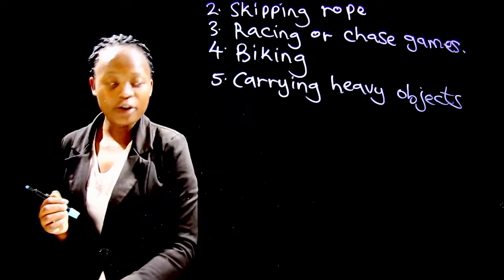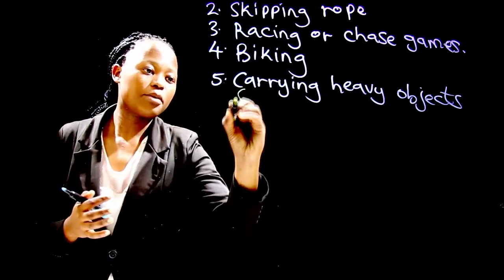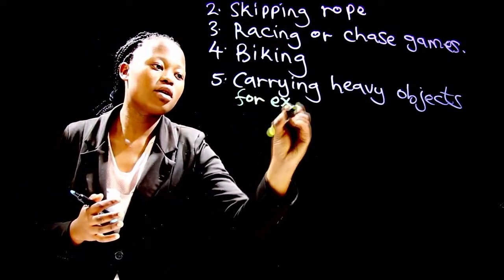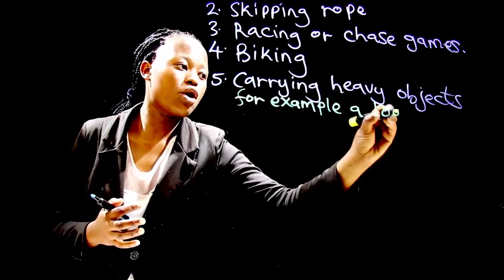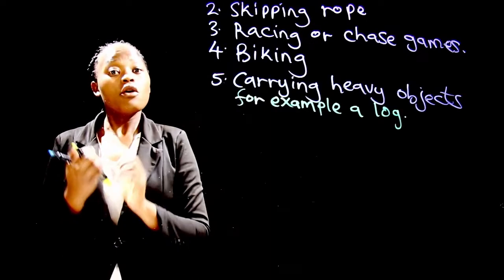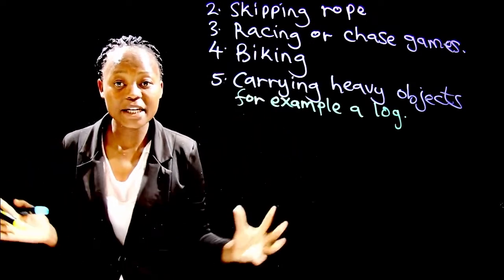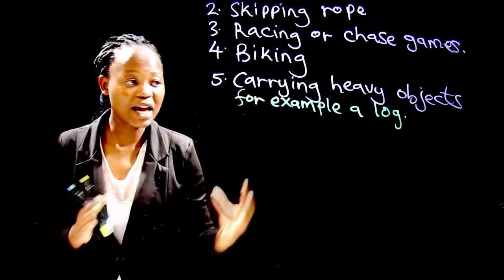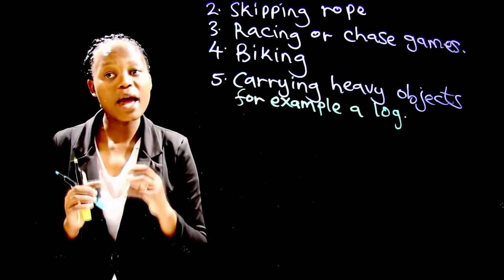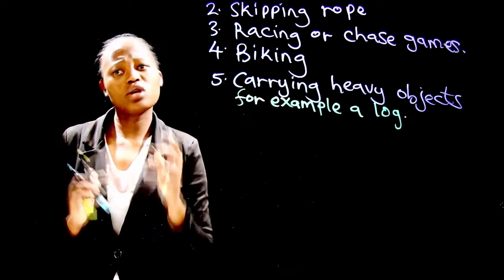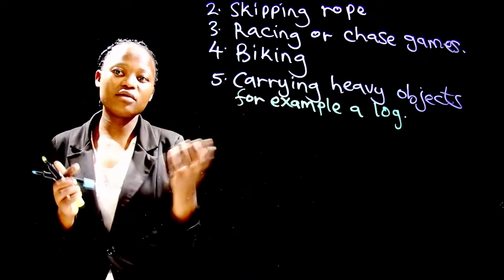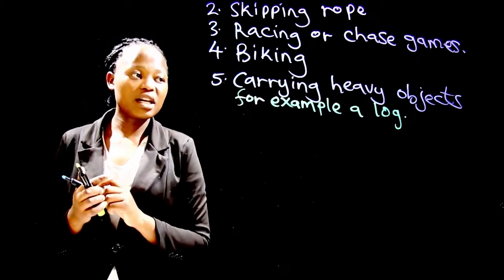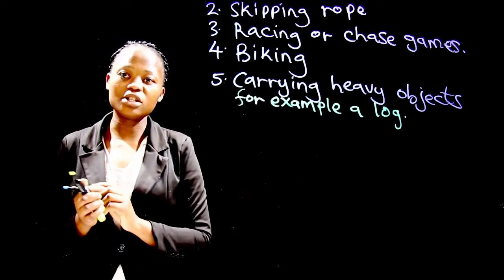For example, carrying a log. So, for you to carry that big piece of wood, that log, you require a lot of energy. When you don't have a lot of energy, you will not carry it. So, it's one of the activities that require a lot of energy.